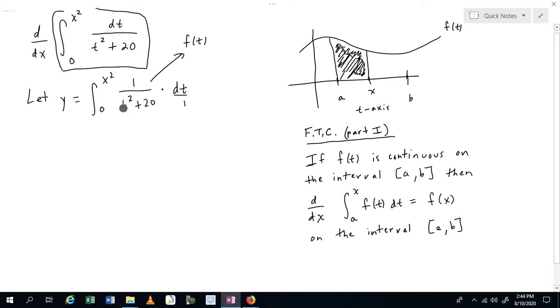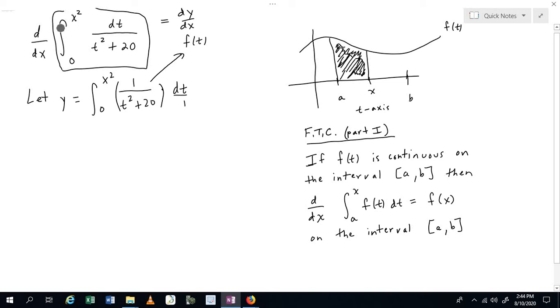F of t is 1 over t squared plus 20. Again, I'm calling this definite integral y just to give it a name. If we do that, then we're really just finding dy dx.